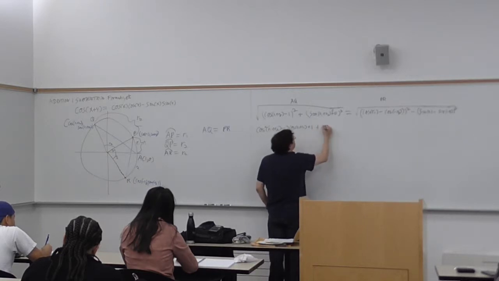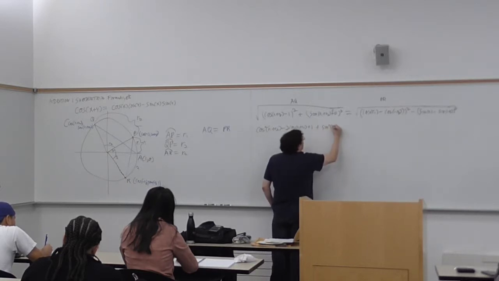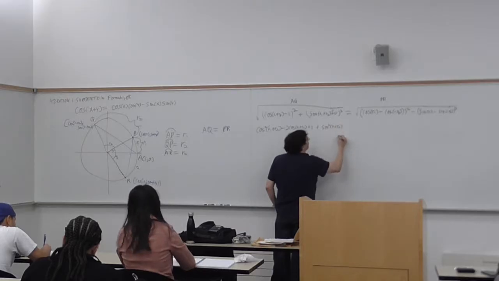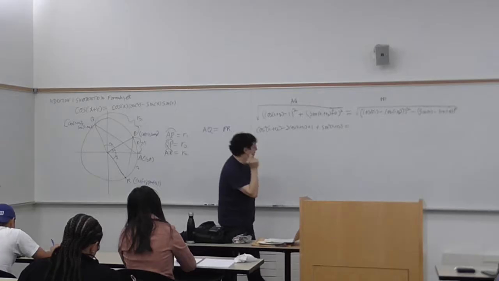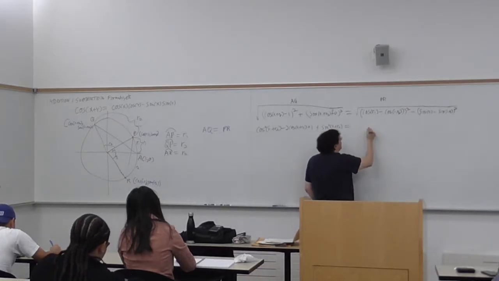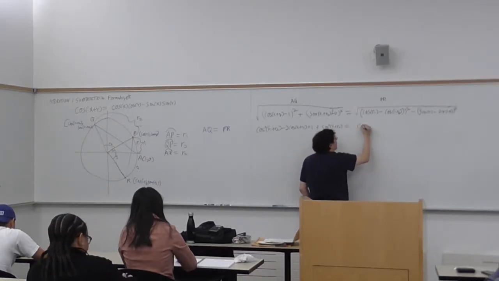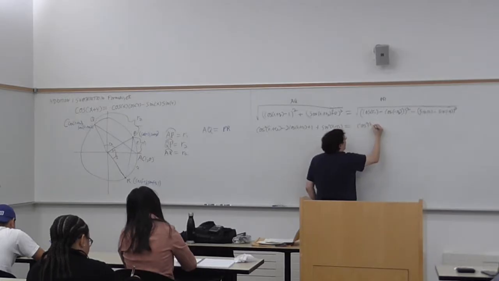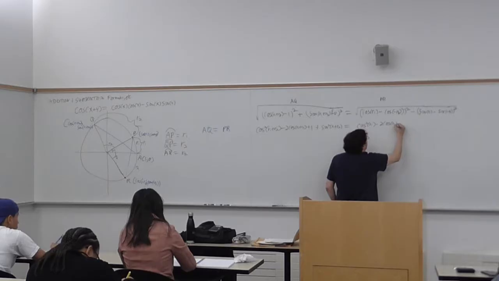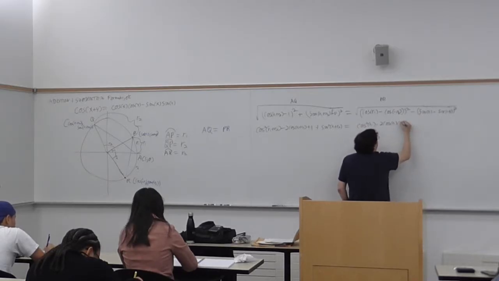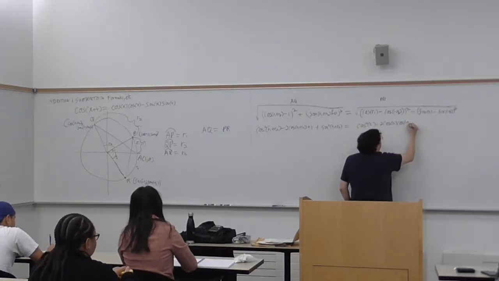Oh, this is nice. It's just sine squared (r1 plus r2). Okay. So far, over here, again, I'm going to square this. Cosine squared r1 minus 2 cosine r1 cosine minus r2.